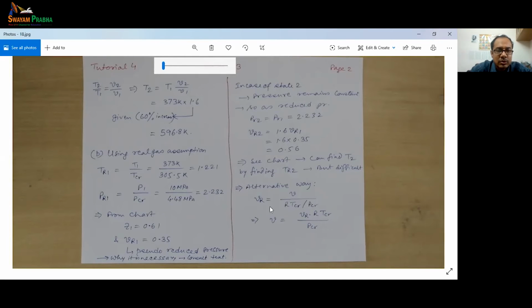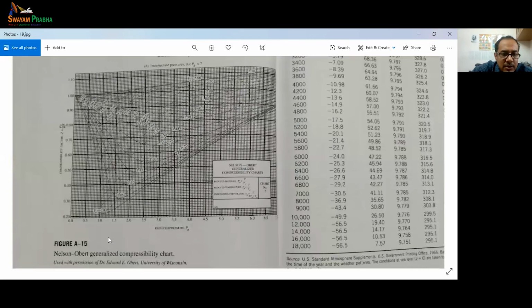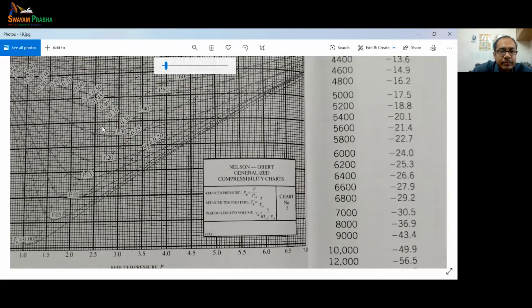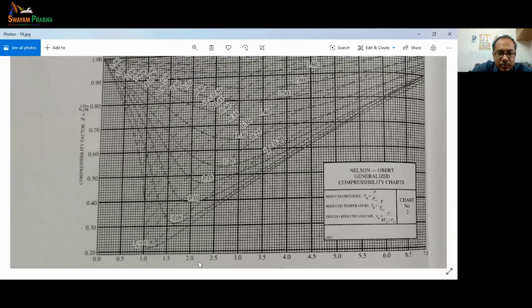So TR1 and PR1 we know, 1.22 and 2.23. Let me zoom in a little bit. PR is somewhere here between 2 and 2.5, right?